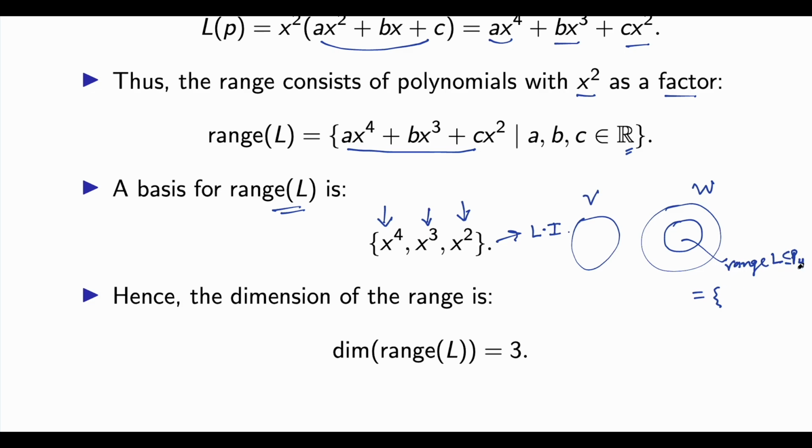So range L is contained in P4, which will have the elements x cubed, x to the fourth, and x squared. So now these sets are linearly independent, and also the dimension of the range is 3, right? You got my point or not?